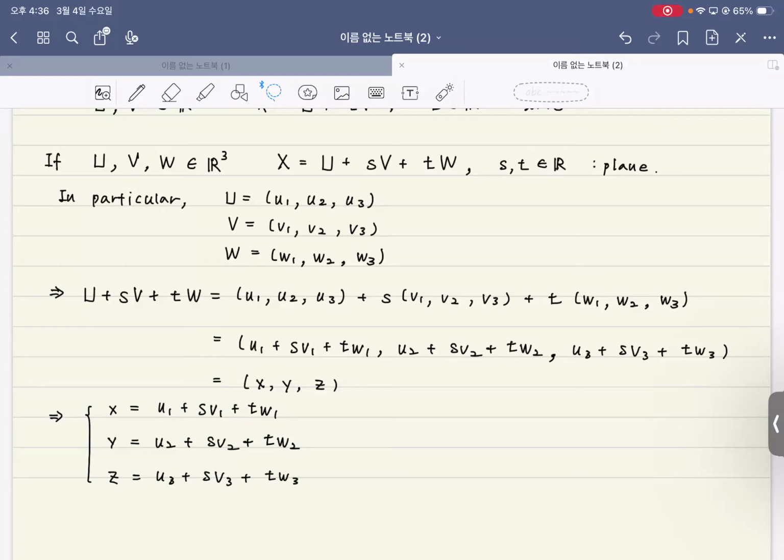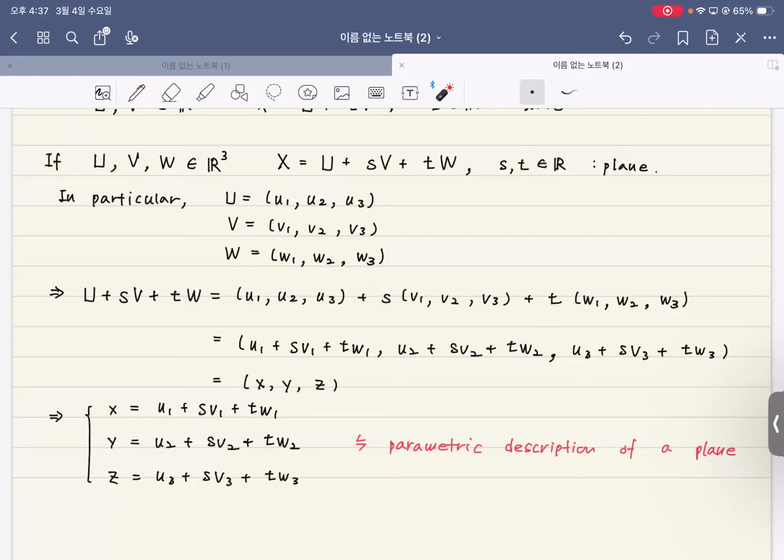Sometimes we call this expression the parametric description of the two-dimensional plane in R3. By parametric description, I mean we have 2 degrees of freedom, S and T, so you're free to choose any number you like.